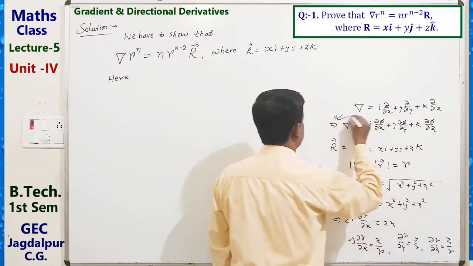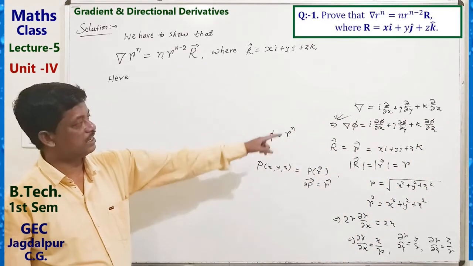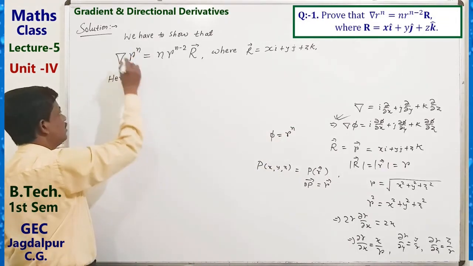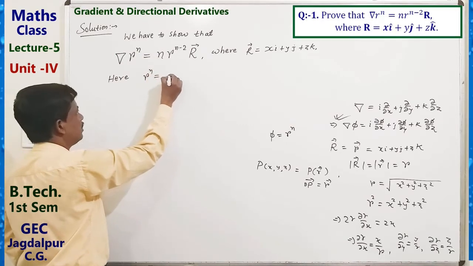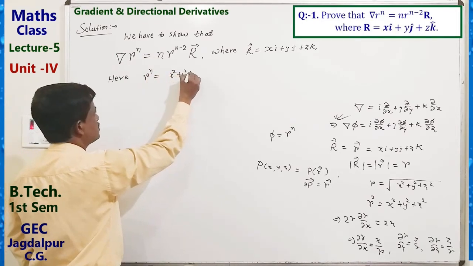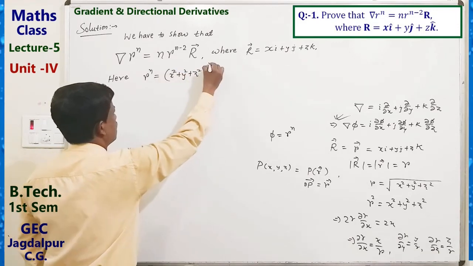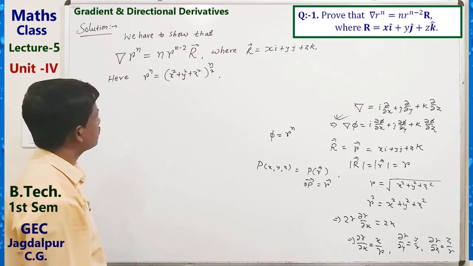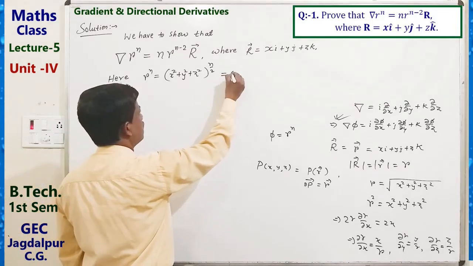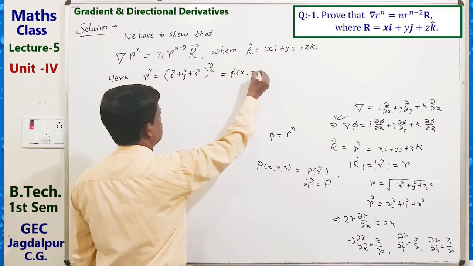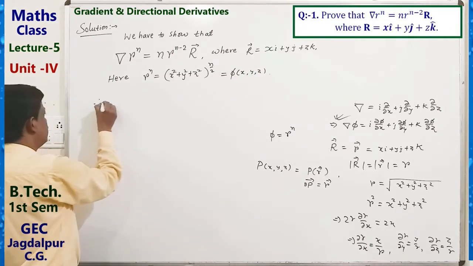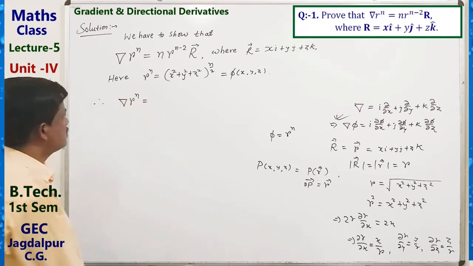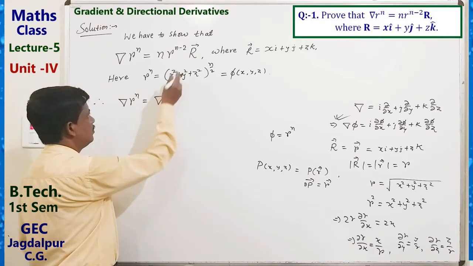This is our formula for finding gradient phi. So here r to the power n equals x square plus y square plus z square to the power n by 2, which equals phi of x, y, z.